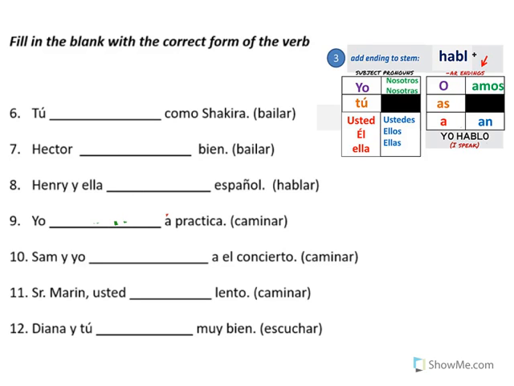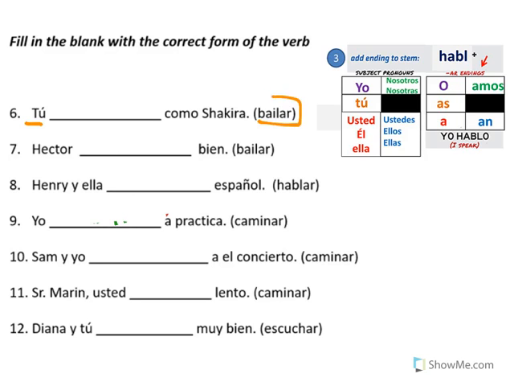Speaking about Spanish, here are the Spanish examples. Okay, and these are the ones that are going to take the most time. So, let's do this. Number 6, it says, "tú blank como Shakira."